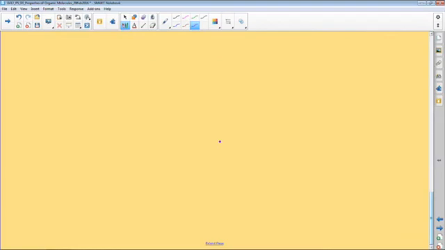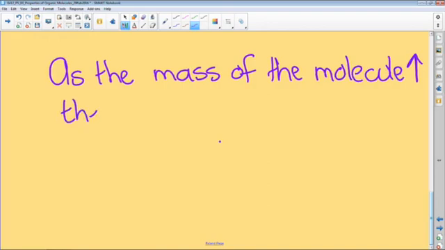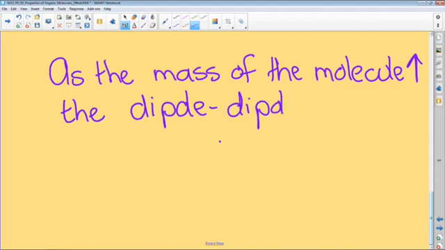So, as the mass, and I'm going to do some shorthand here, because we're going to run out of time. As the mass of the molecule increases, I'm going to put an up arrow, meaning increases. As the mass of the molecule increases, the dipole-dipole forces increase. Okay, so we have stronger intermolecular forces.